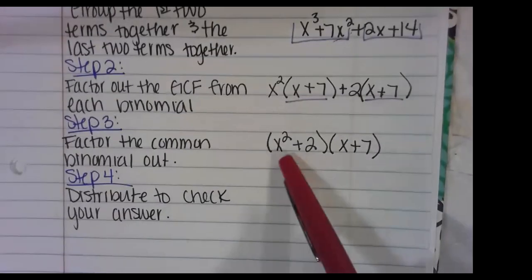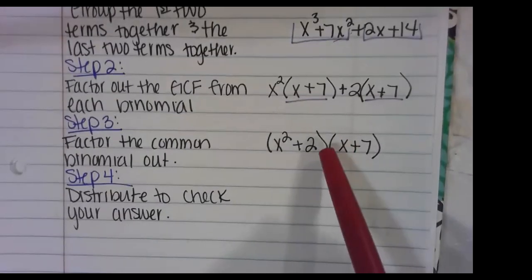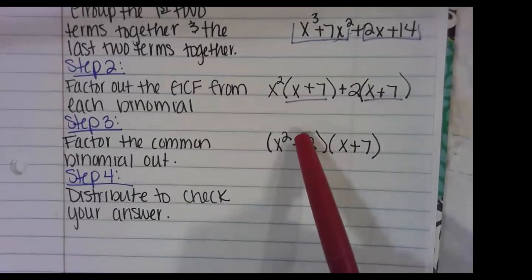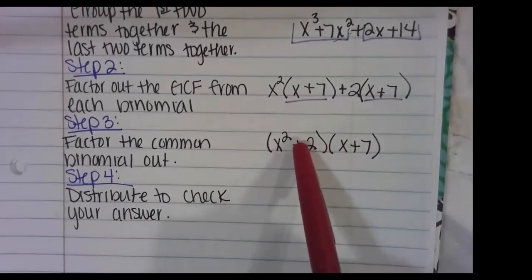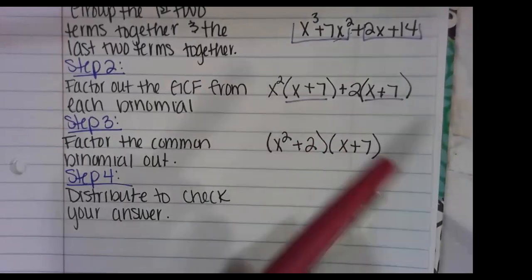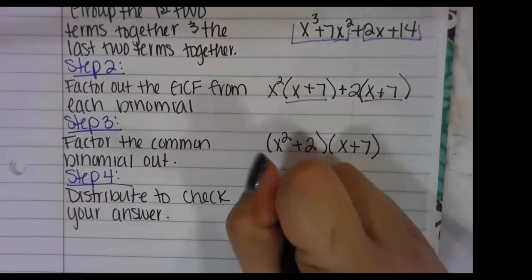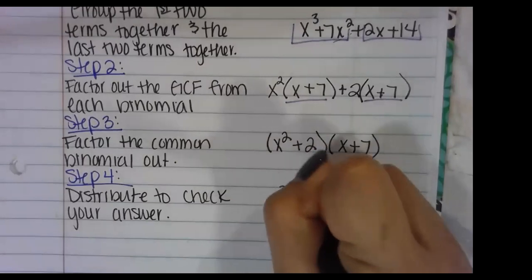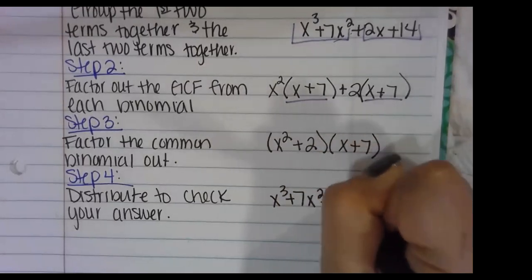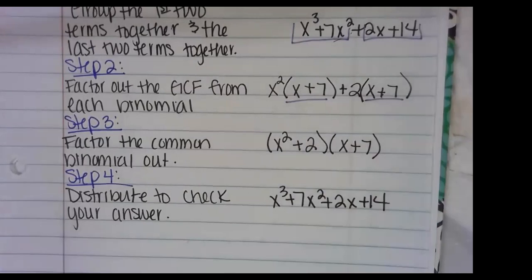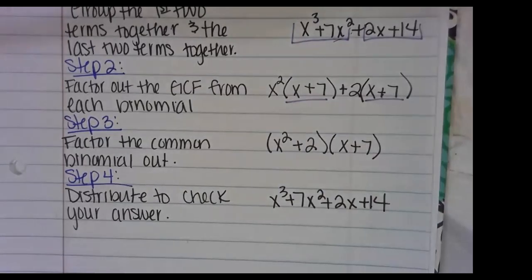But if you want to know for sure, you can always simplify this using your box method or your FOIL method. Either way, you're going to come back to what you started with. So once you factor, you can always distribute, and what you get when you distribute should always be what you started with.